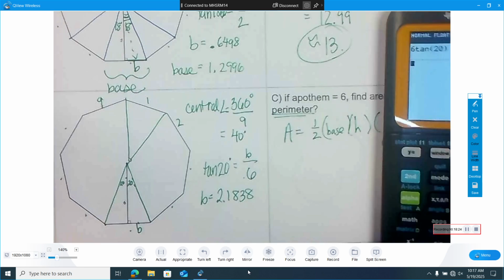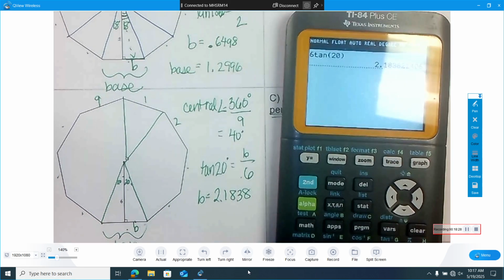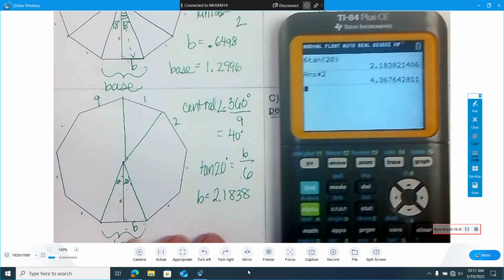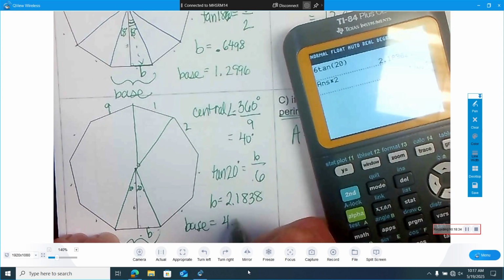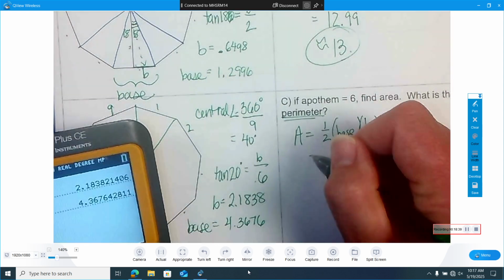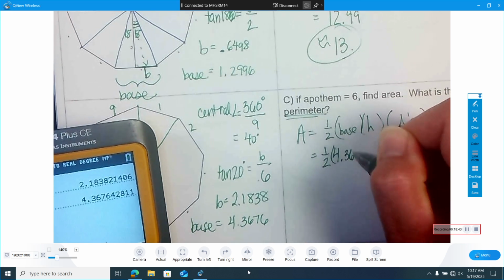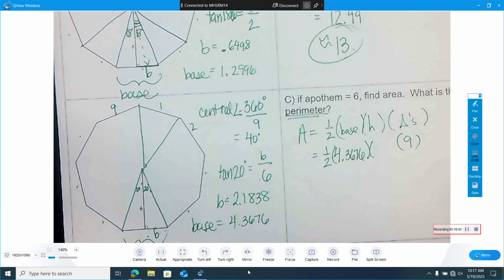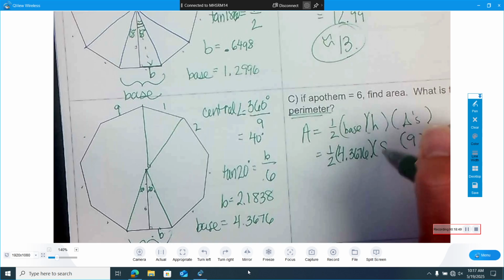And if I double that, then I'm going to get the whole base. So times it by 2, we get 4.3676. All right. So then 1/2 times my whole base, 4.3676, times what's my height of my little base triangle here? 6. Good. The height was 6.